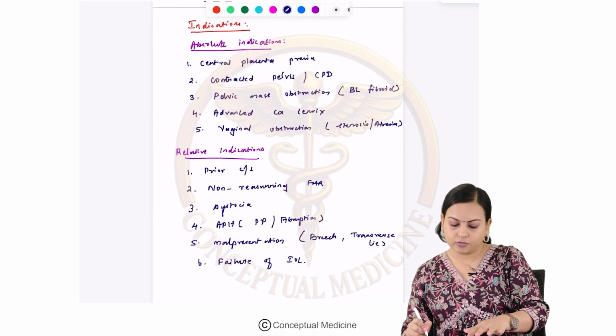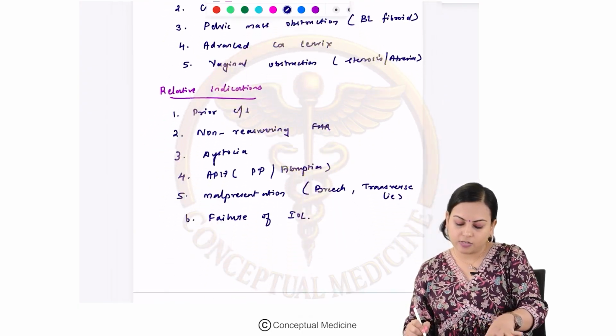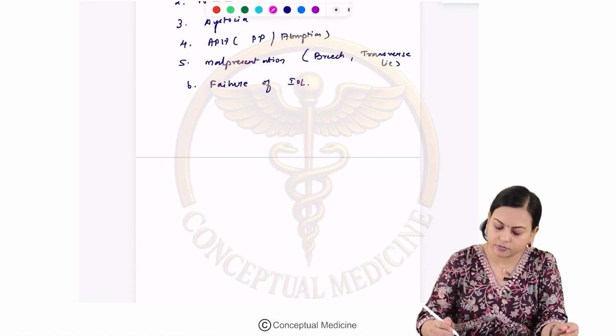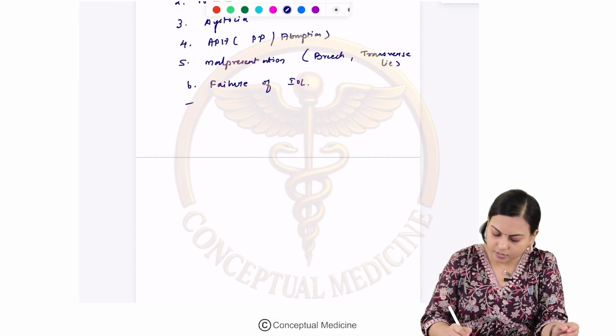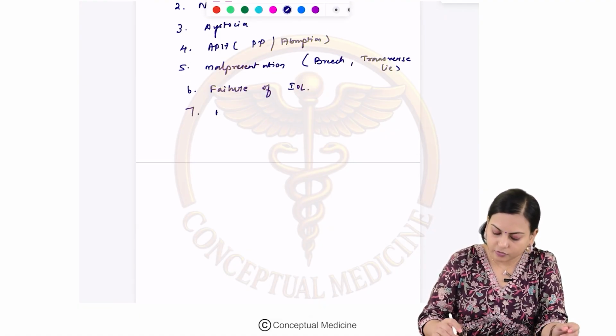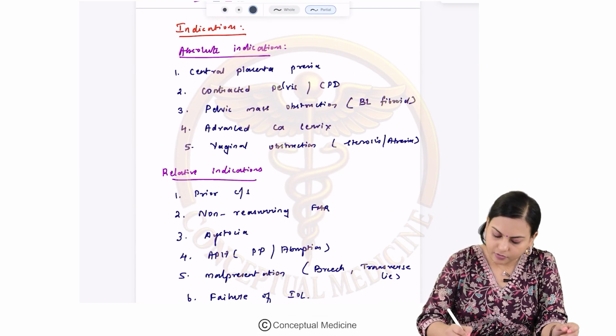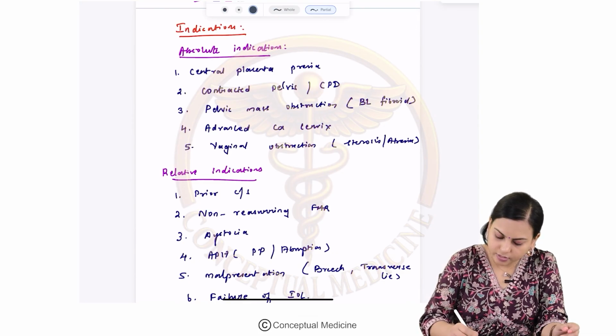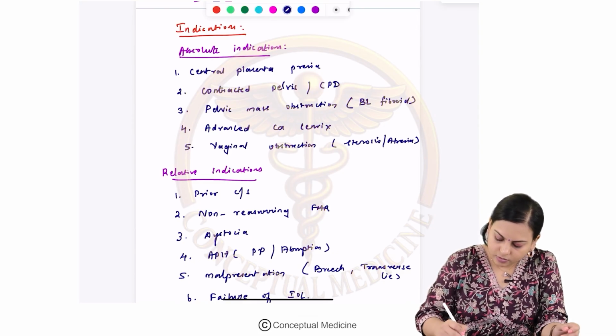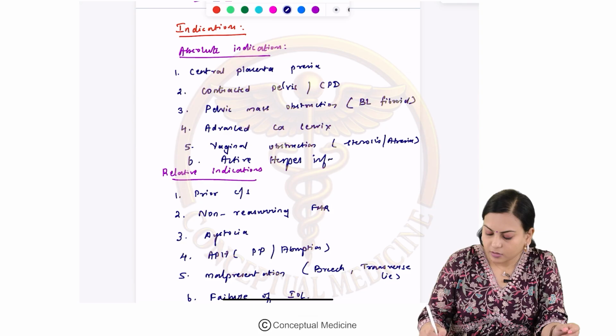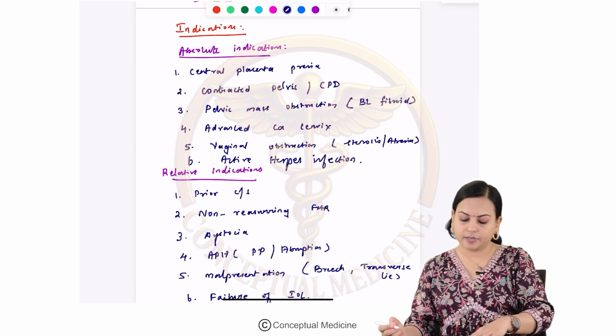These are some of the indications. Also, you can include active genital herpes infection, which comes as an absolute indication. That is, an active herpes in the mother.